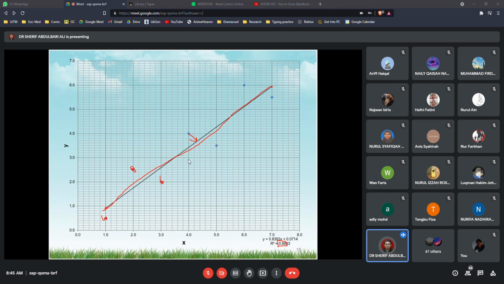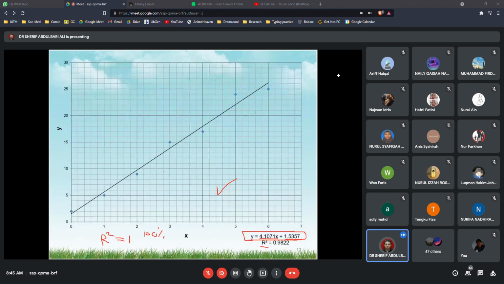So this means the error is huge because the line is not close. But in this exercise, the dots are almost near the line that you draw. So that's why the r square, or the coefficient of determination, is really high. It's closer to 1. So the closer to 1, the better your best fit. Okay, so now you understand what r square means?